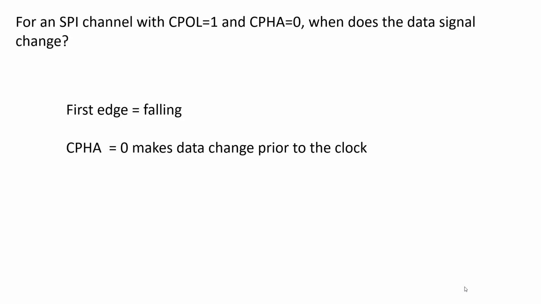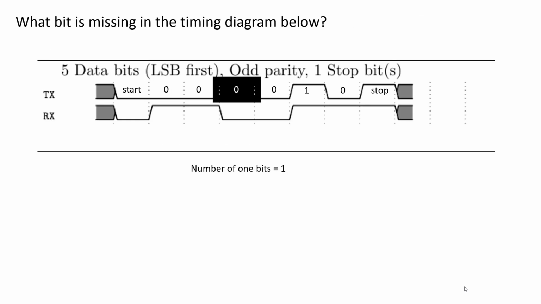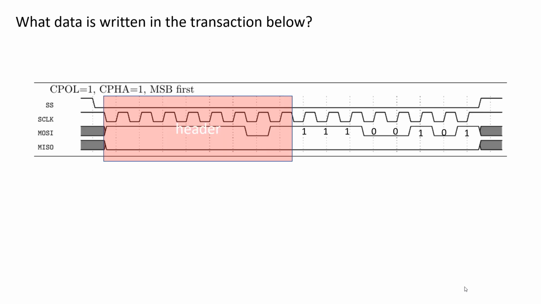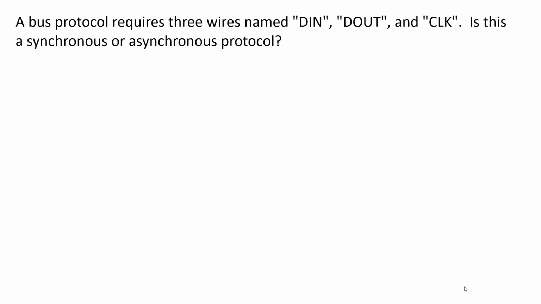Yeah, and the data first changes actually prior to the first edge. So keep in mind that if CFA is 1, that's a bad example. If CFA were 0, sorry, was that CFA 0? I'm confusing myself already.